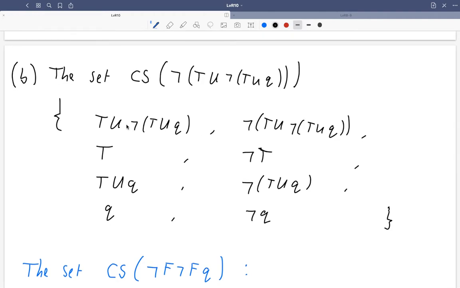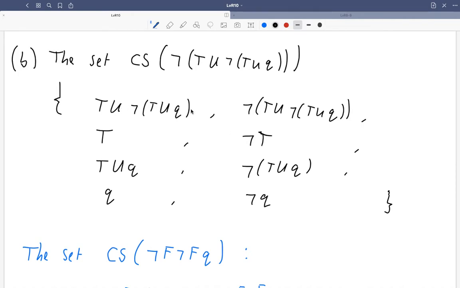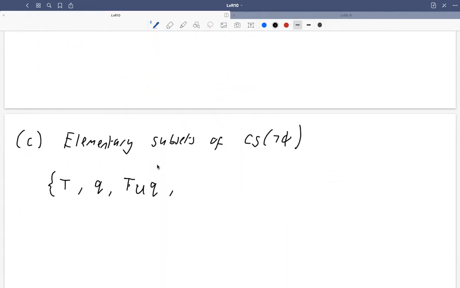And we've just got this row at the top here. So this time, we don't have the right-hand side. So it can either be the case that true until not true until Q holds, or its negation can hold. Both of those are consistent because true belongs to the set, so both are consistent with the other formulas. So we have, in fact, two possibilities here.